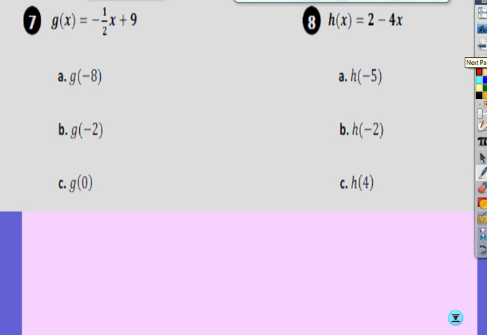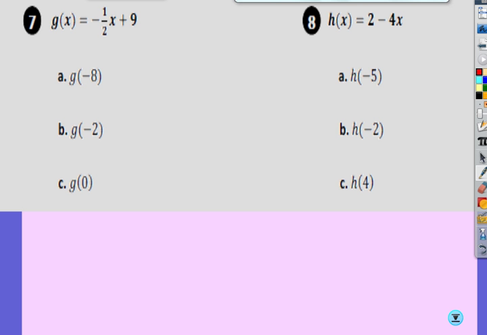For 7, 8, 9, and 10, continue by plugging in the value of the x into the expression. For number 7, you are going to multiply negative 1/2 times your x value and then add 9.